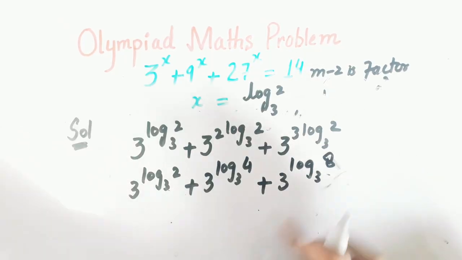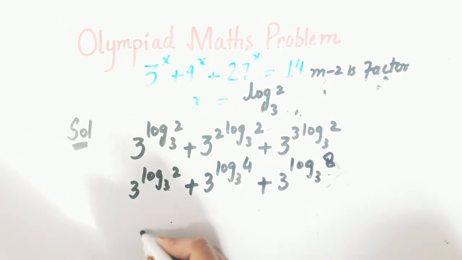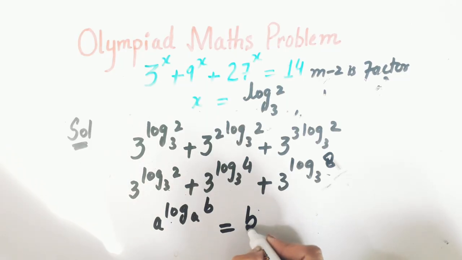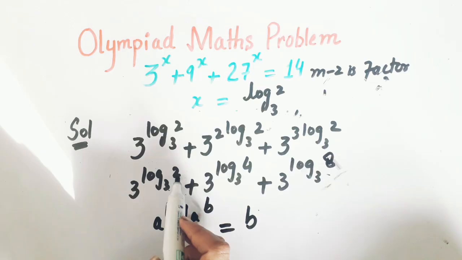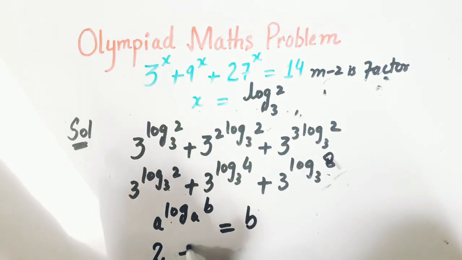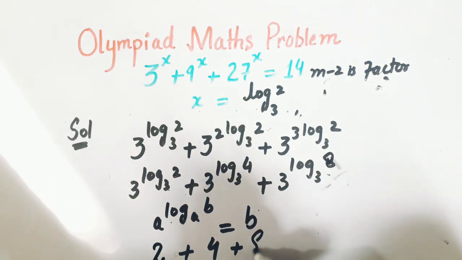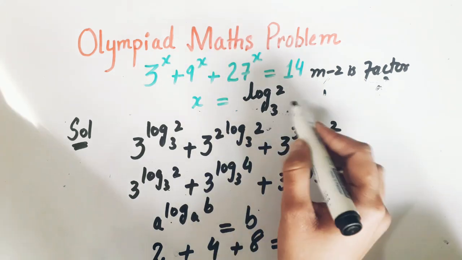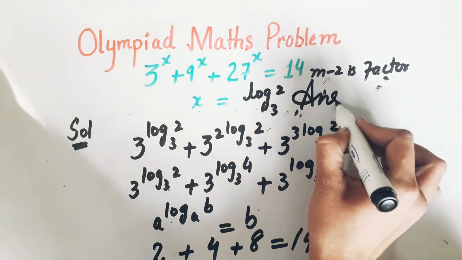So we get, according to log rule that a raised to log base a of b equals b. So we will apply this here. So this equals 2 plus 4 plus 8, that equals 14. It means that our answer is correct.